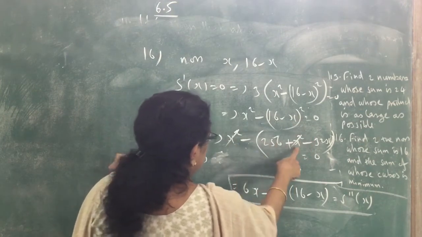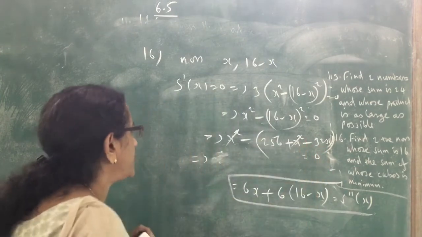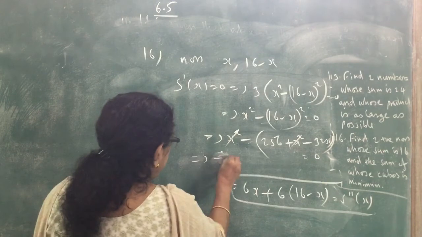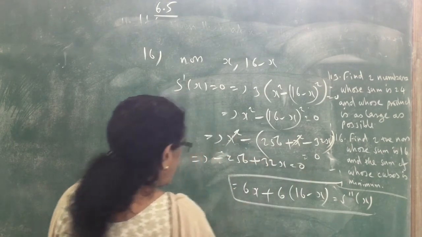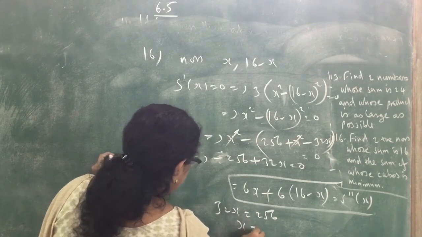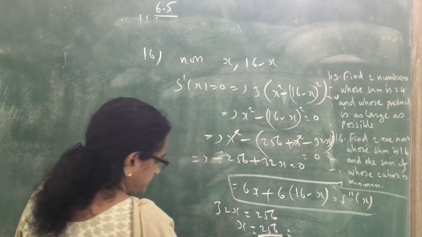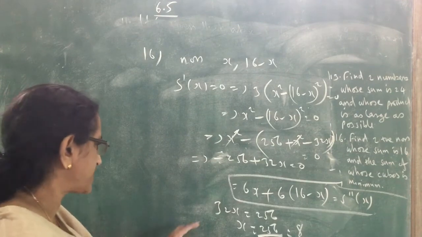Then minus 256 plus 32x equal to 0. Therefore 32x equal to 256. x equal to 256 by 32, that is 8. Therefore x equal to 8. So we got one value of x, that is 8.